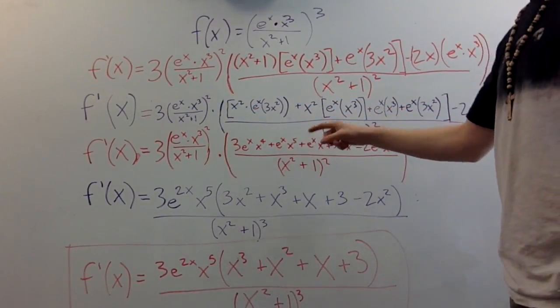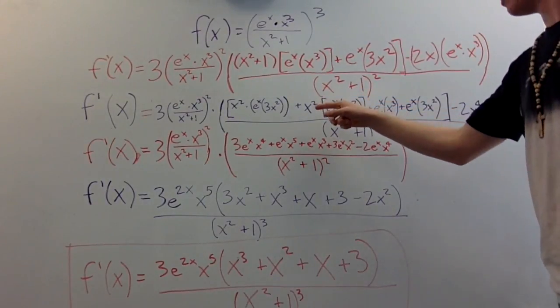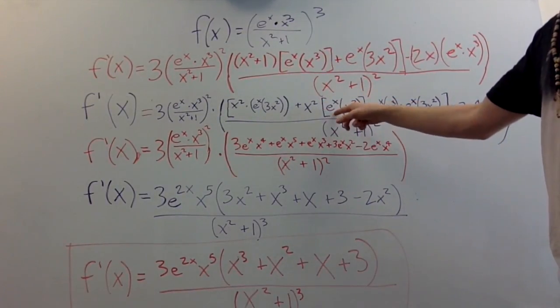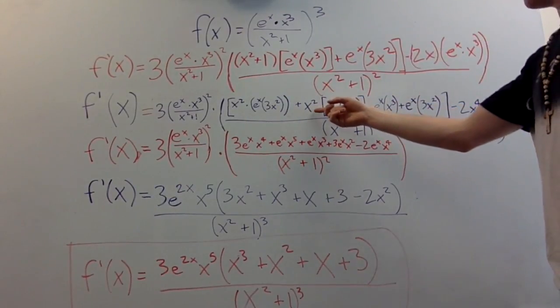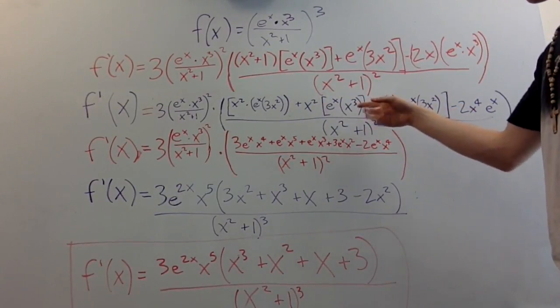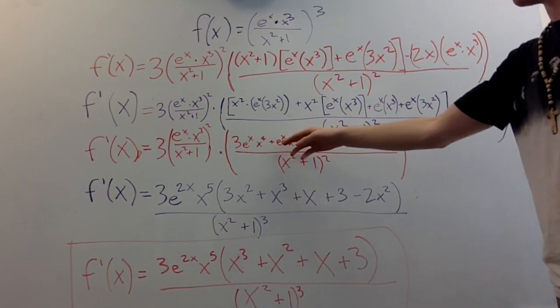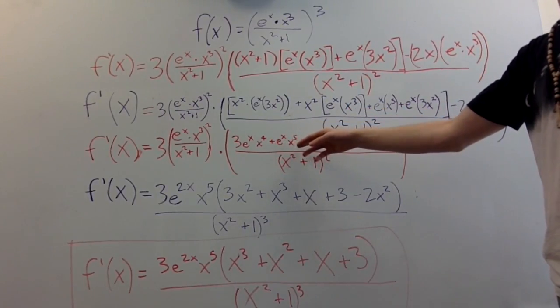And then we're going to add that to this section here, which would be e to the x, because there's just an e to the x, there's no coefficient. Then x squared times x to the third is x fifth, so e to the x times x to the fifth.